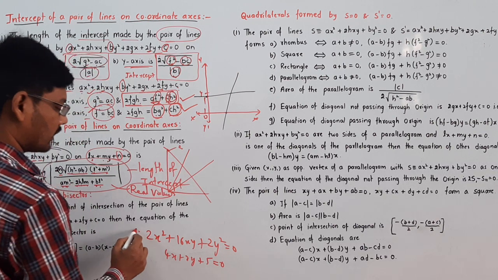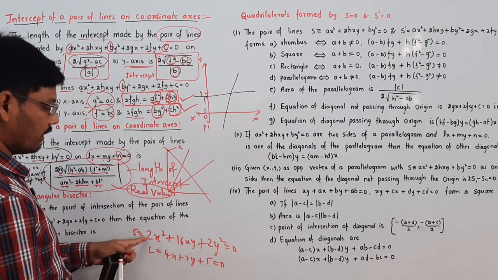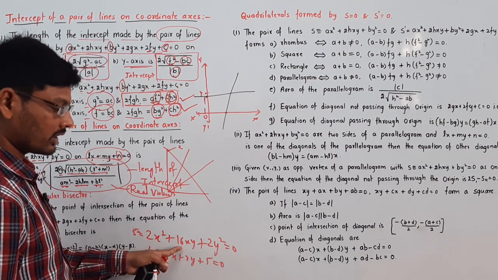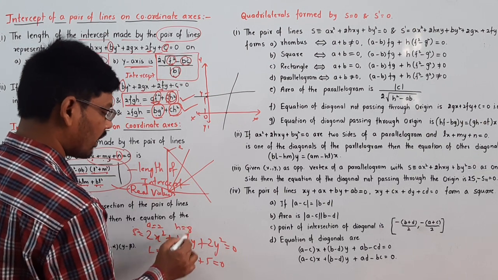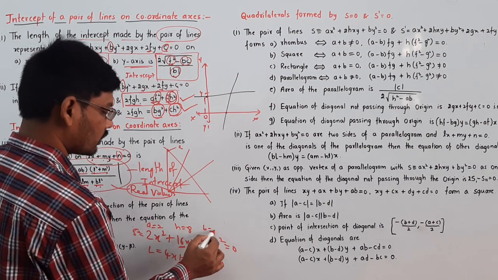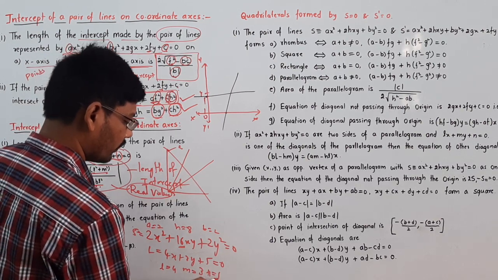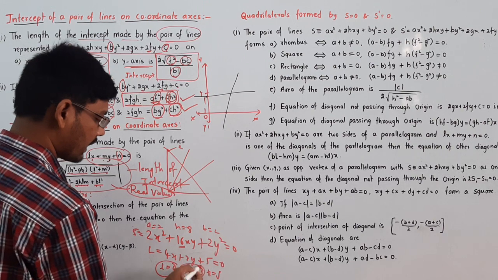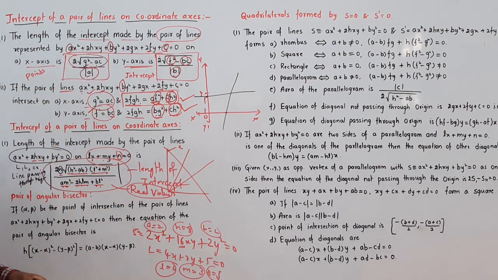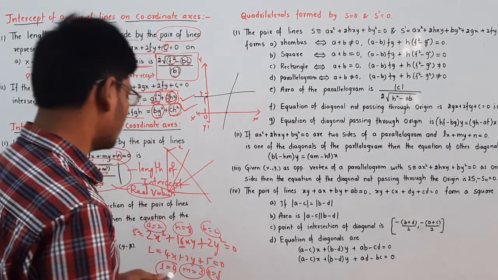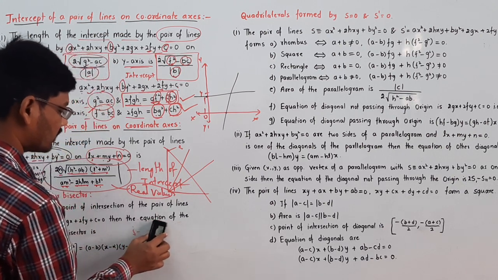This is the pair of straight lines, S equal to 0, and this is the line L equal to 0, where a is equal to 2, 2h is equal to 16, so h is equal to 8, half of this, and b is equal to 2, where l is equal to 4, m is equal to 3, and n is equal to 5. We can substitute the l, m, n, a, h, b values in this formula. You will get the length of intercept of a pair of straight lines to the straight line lx plus my plus n equal to 0.